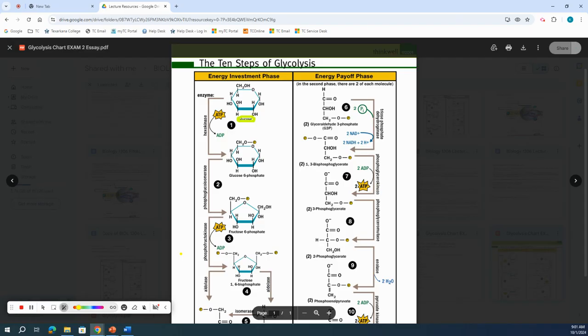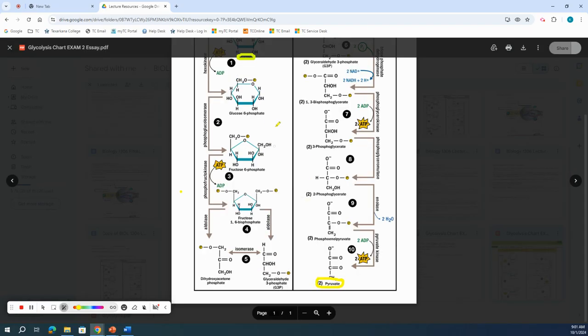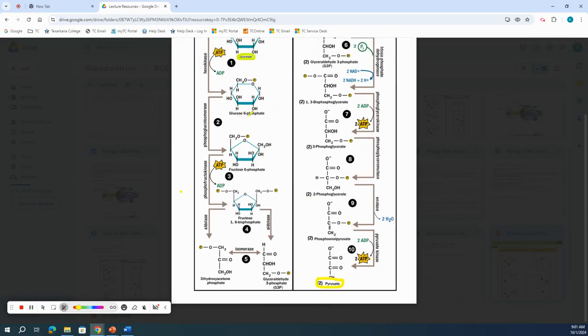All right, moving down a little bit. Okay, so here we have glucose 6-phosphate, and essentially it's rearranged, okay? It's the same chemical composition, but it's going to be turned into its isomer. It has the same chemical structure, the same chemical formula. It's just been rearranged. And so another monosaccharide is fructose.